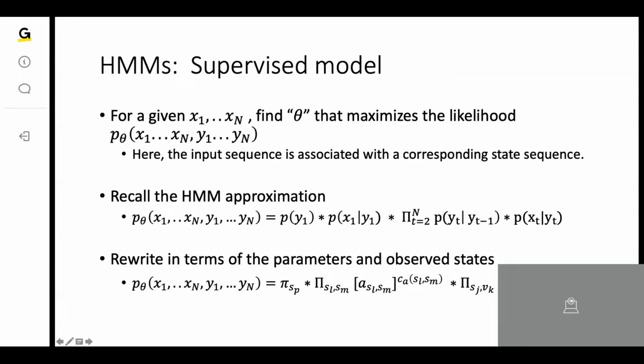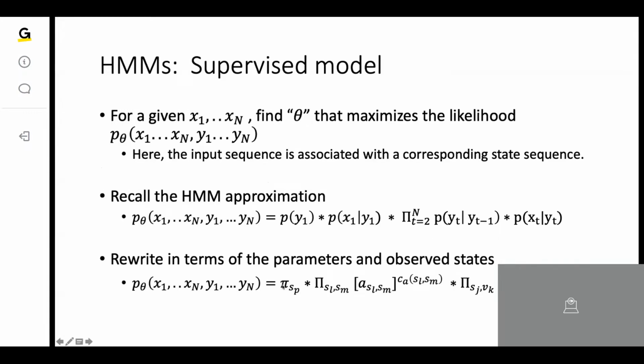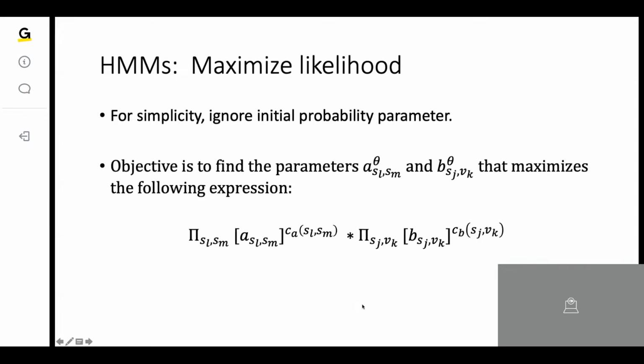The b_j's are the emission probabilities, and c(sj,vk) indicates the number of emissions of the word vk from the state sj. For simplicity, ignore the initial term and try to estimate the parameters of the A's and B's.